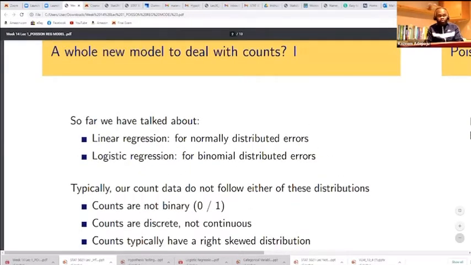A whole new model to deal with counts. Like I said, the Poisson regression model will be used to model counts as a function of risk factors.